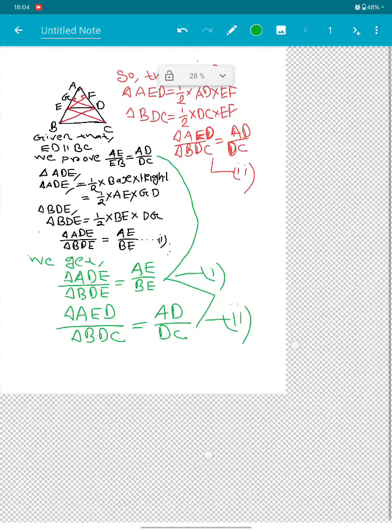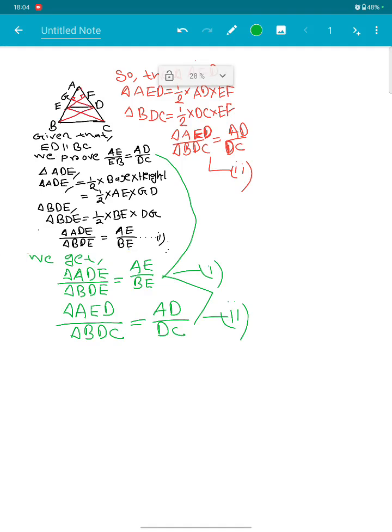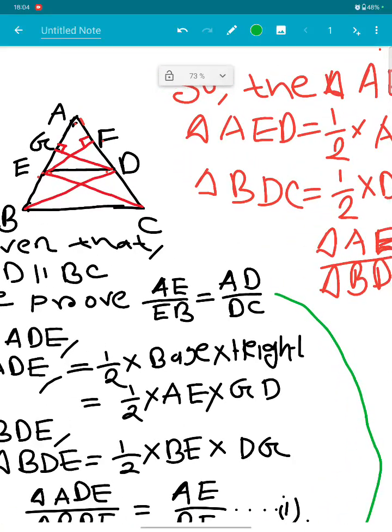So we know the theorem that this is a triangle BED, and this is another triangle EDC.